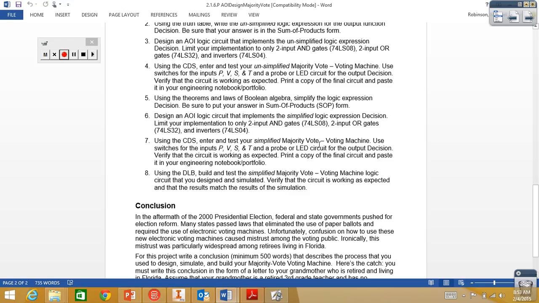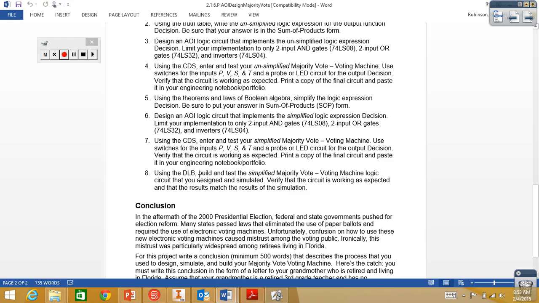Probe for LED output. Verify your circuit's working, print a copy of your final circuit, and paste it in your engineering notebook. For both of these circuits, number 4 and number 7, you will also turn in a copy into Focus, so you'll upload those in Focus as well.